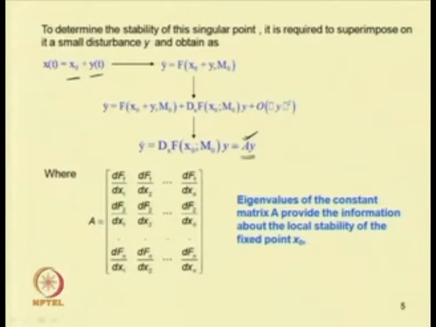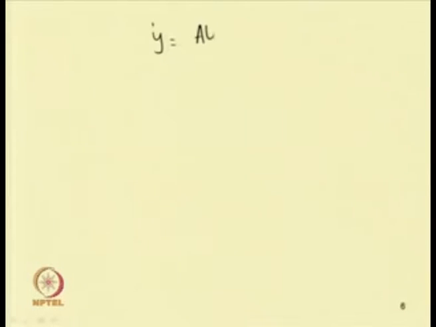In this case we have already discussed how to find the stability. Now we have the equation y dot equal to A y. So dy by dt equal to A y, or dy by y equal to A dt.